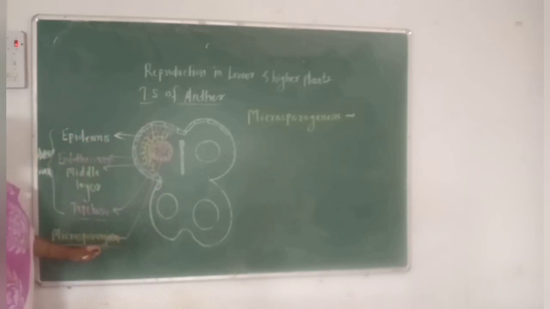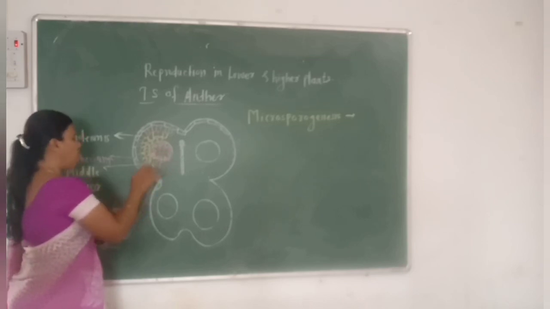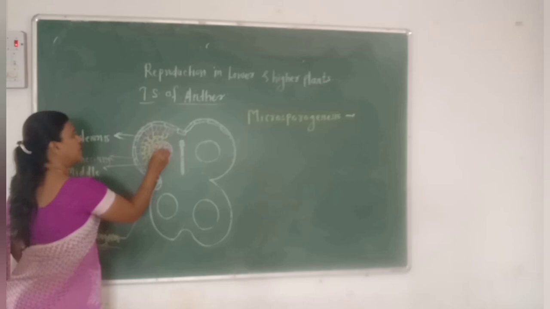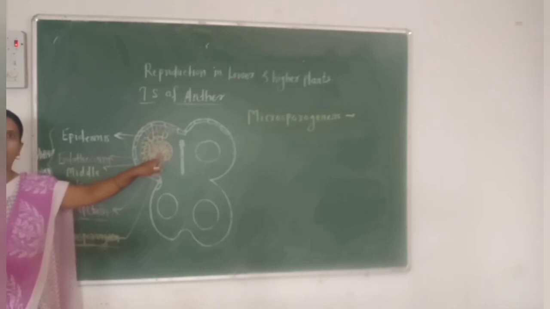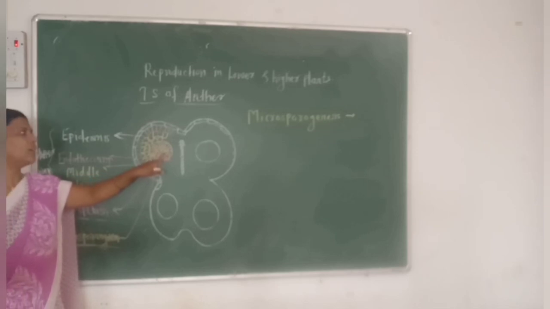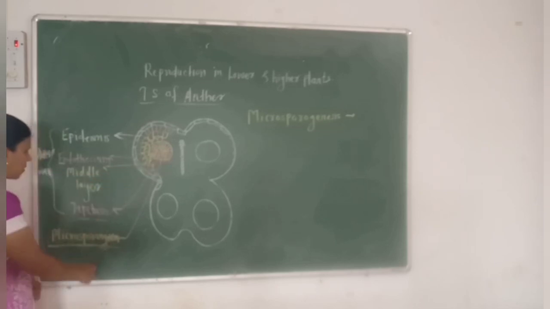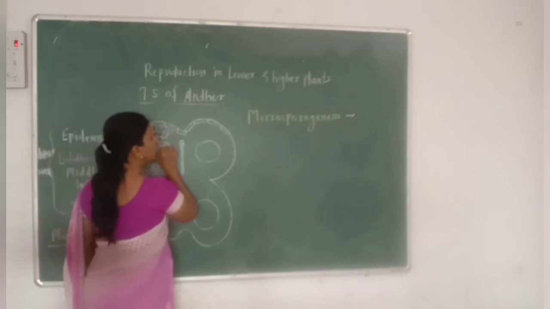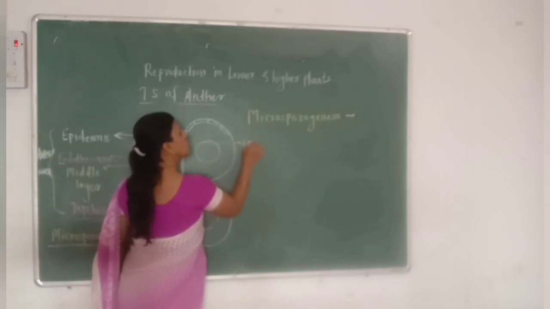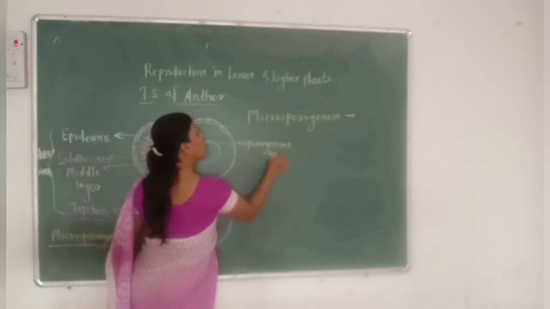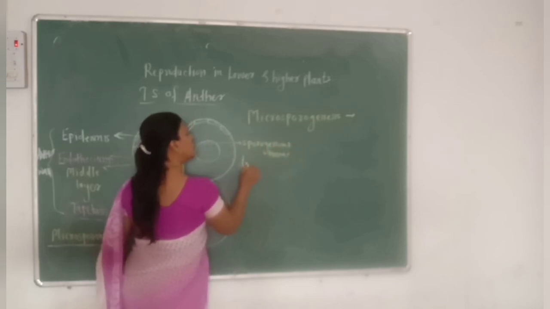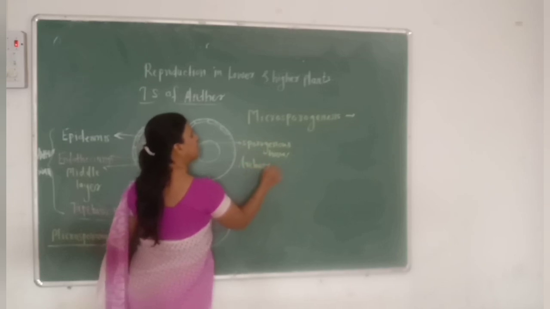Previously, the microsporangium mainly consists of a mass of compactly arranged cells. When the anther is young, it consists of compactly arranged diploid tissue, which is called sporogenous tissue, or also called archesporial cells.